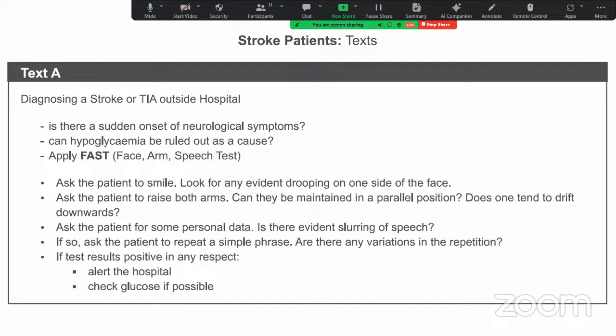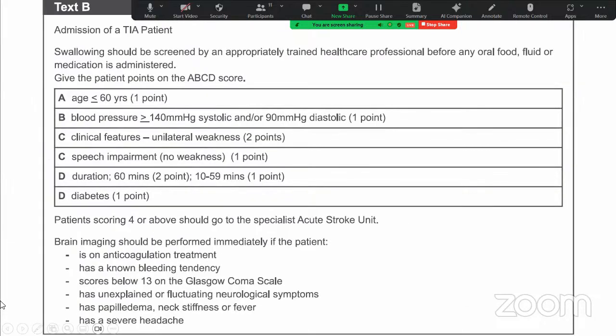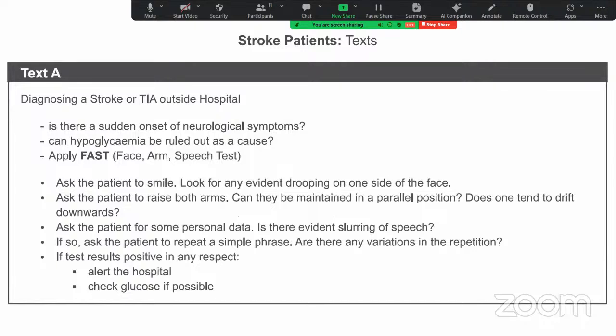I have a doubt. Okay, check B. Go to B. Is it there in B, or is it there in A?